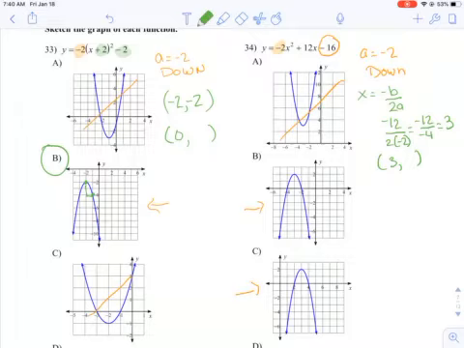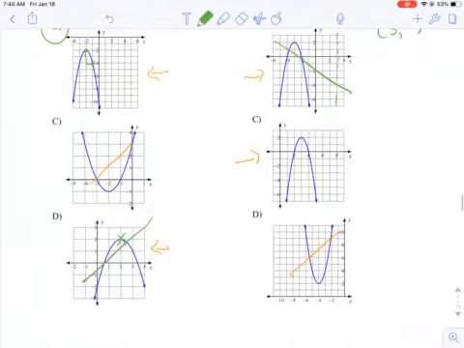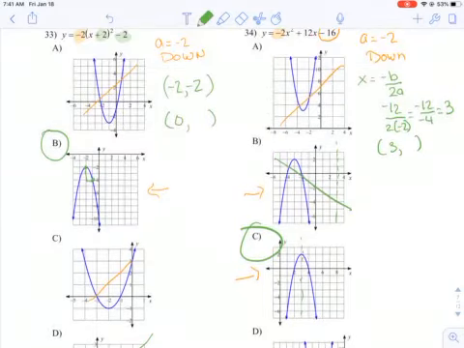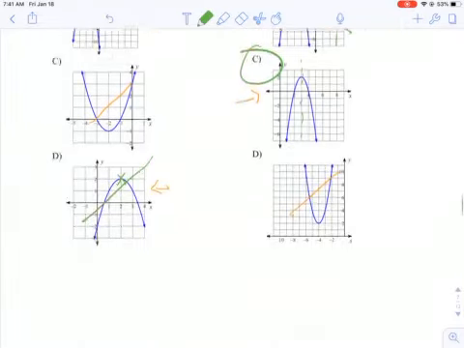Well, 3 comma something would be over here somewhere, which this one is not. 3 comma something would be over here somewhere, and this one is. So you don't even have to go further, because the vertex has to lie on that axis of symmetry, because this also tells you the axis of symmetry. Okay, so we don't have to go any further for that one, and we're finished.